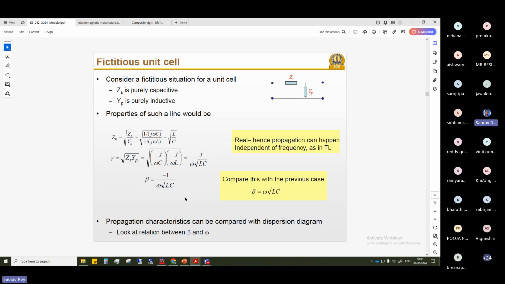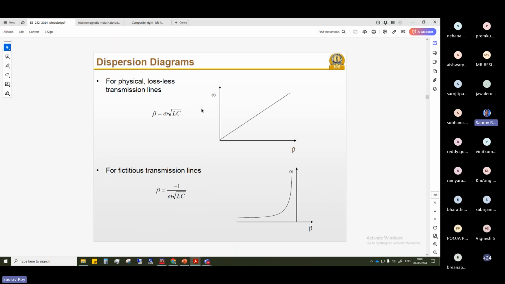It is a plot between phase shift, that means beta, and omega, the angular frequency. So a plot between beta and omega is called a dispersion diagram. You see, for normal right-handed materials it is omega root LC, so beta versus omega is linear.